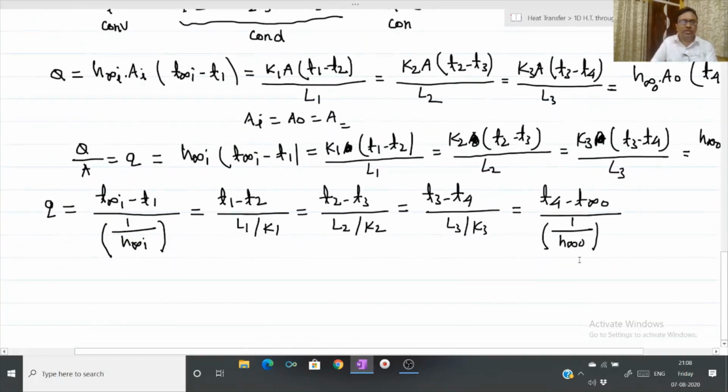So we could represent all these heat rate equations in the form of temperature difference and thermal resistance.